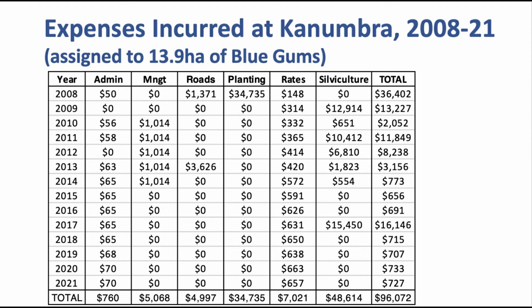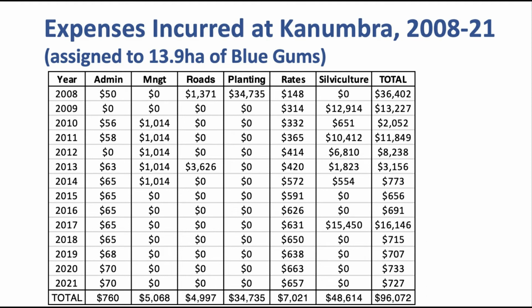There's roading costs that we had when first establishing the plantation and also before the major thinning. The planting costs up front, the rates, which just show a continual increase over time, and the silviculture, which is actually the largest of all the costs. And that occurs at the early, middle and late stages of the plantation.